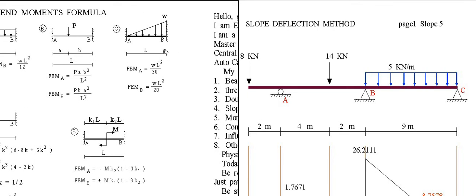Okay. For a triangular load, the fixed moment at A is WL square over 30. For fixed moment at B, it is equal to WL square over 20. You will notice that the moment at B is greater than the moment at A. Okay.